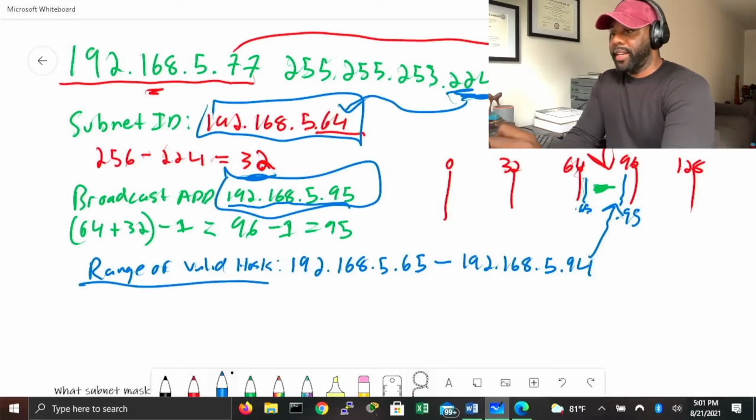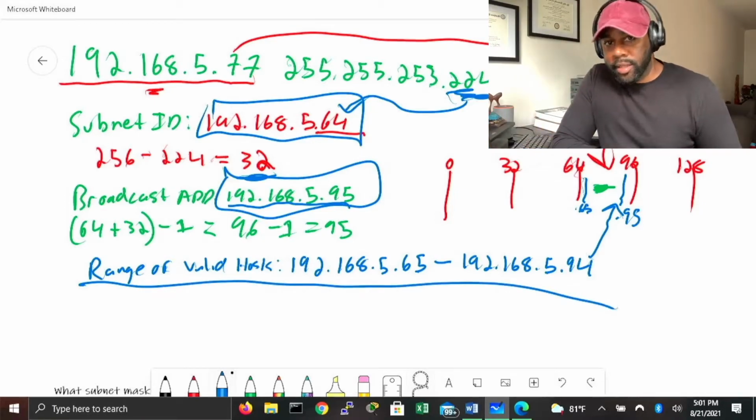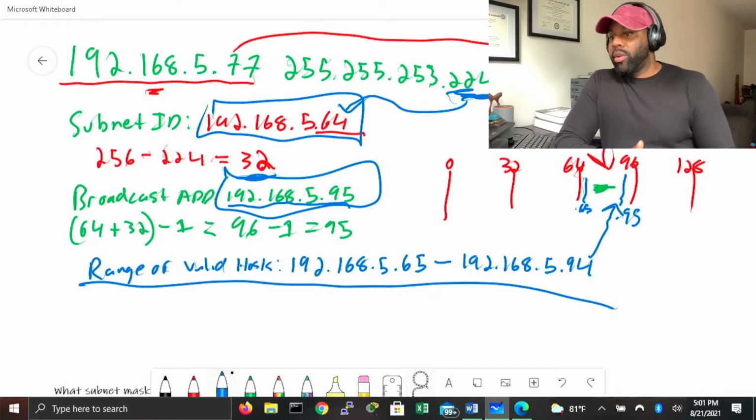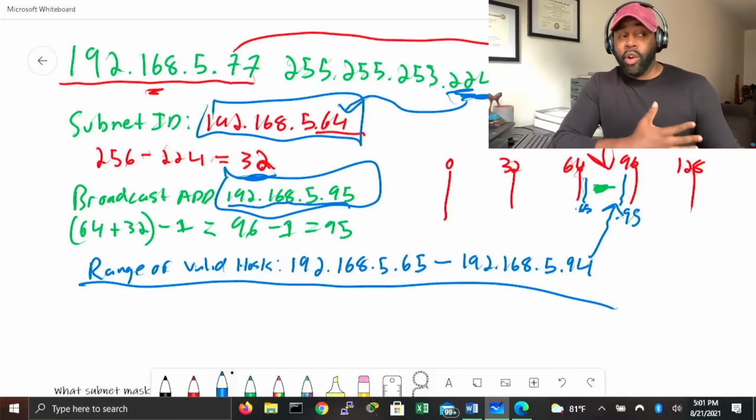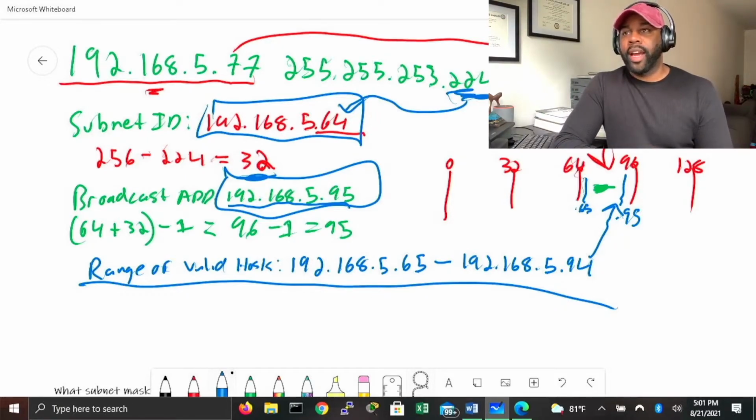So that is subnetting. That's the crux of subnetting. That's how we start. All of this contains information that you can use to go to a company and set up their IP addressing, or on your own home network, you can start to think a little more critically about how you're assigning IP addresses, where you're wasting IP addresses, and so on.